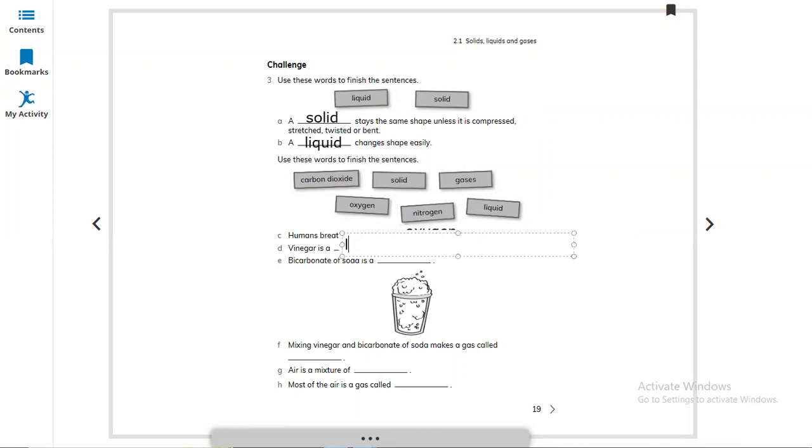So we are writing liquid here. Bicarbonate of soda is a dash. Is it solid or liquid? It is solid, obviously.